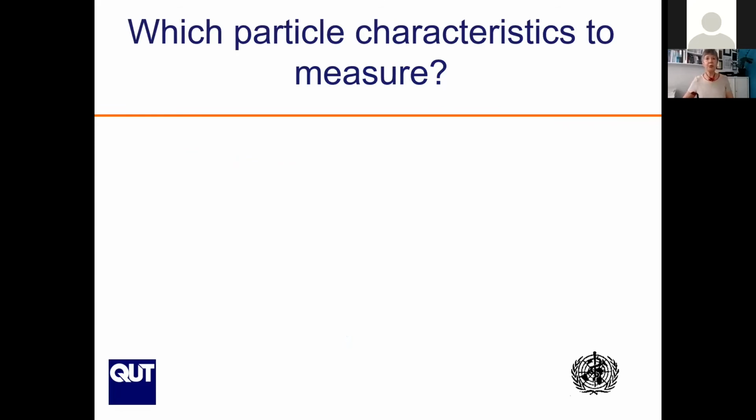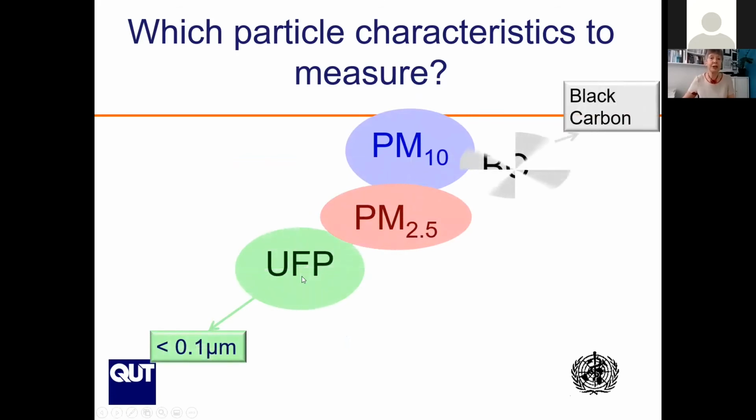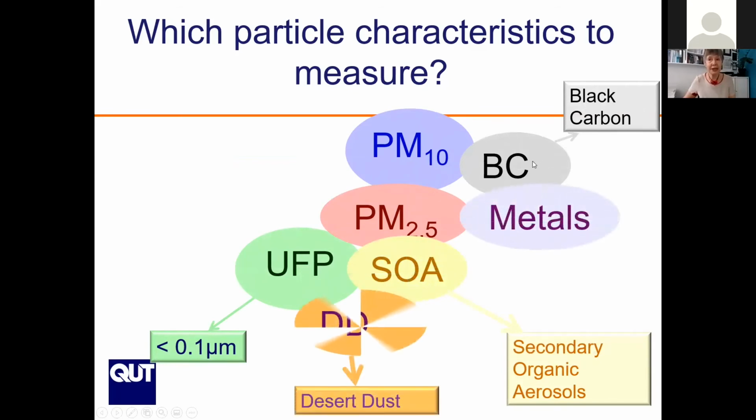So now put this complexity together, which particle characteristics to measure? Well, I mentioned PM2.5, PM10, PM2.5, that's what Koala measures, but we can also measure ultrafine particles. We can measure composition of the particles, specifically black carbon or metals. You can imagine that they are important and have health effects.